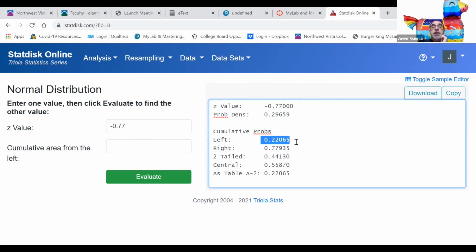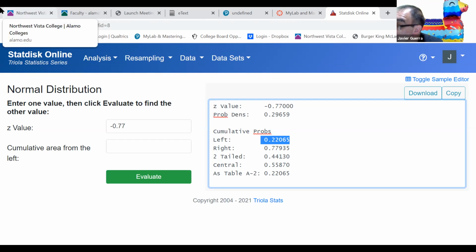I have to round it to 4 places. That 6 is going to be increased because the number next to it is 5, so I have to bump that 6 to a 7. So it'll be 0.2207. I'm going to share my screen.